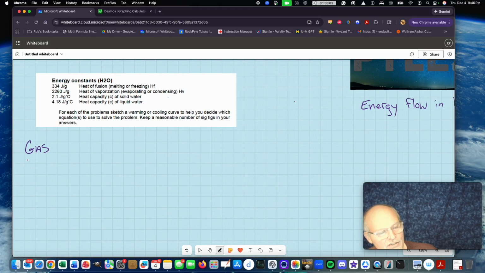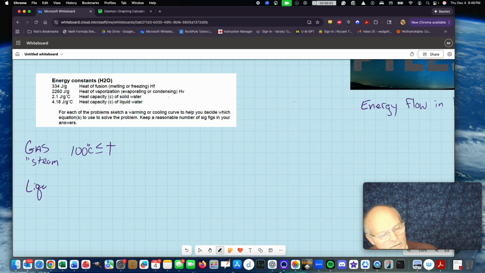Water has a gaseous state, also called steam, and that is when the temperature of the water is greater than 100 degrees C. Right? The definitional points is boiling at 100, freezing at 0.